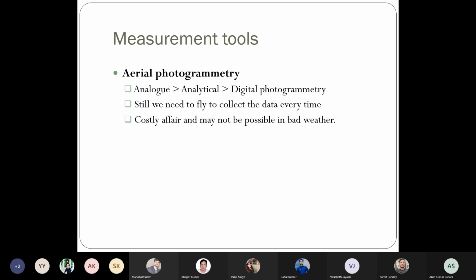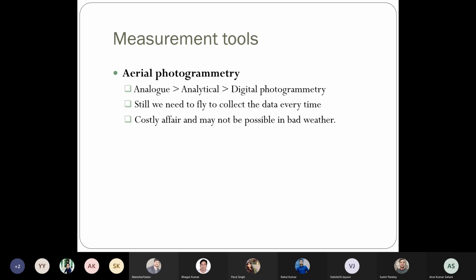Now we see the workflow of technology advancement in the case of photogrammetry. In the beginning, analog photogrammetry came into the picture. Later on, advancement took place to develop analytical photogrammetric techniques. And nowadays, we have digital photogrammetry.